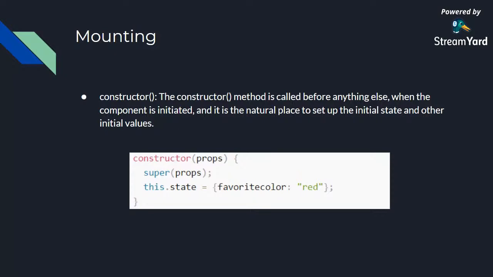So it is a natural place to set up the initial state, because after the constructor has been called, there can be multiple functionalities that go through in the component, which may or may not provide state for you.